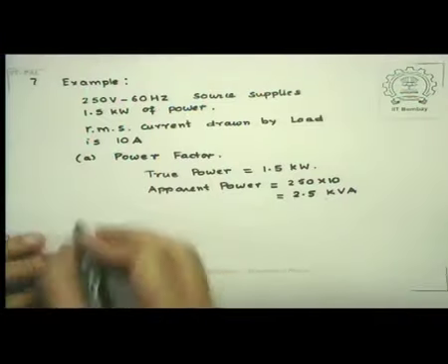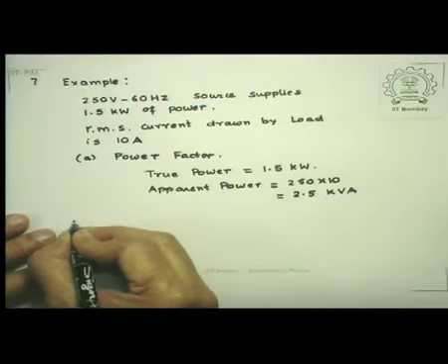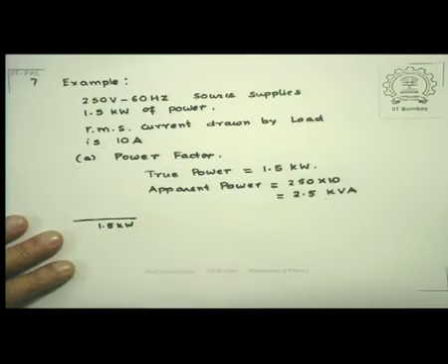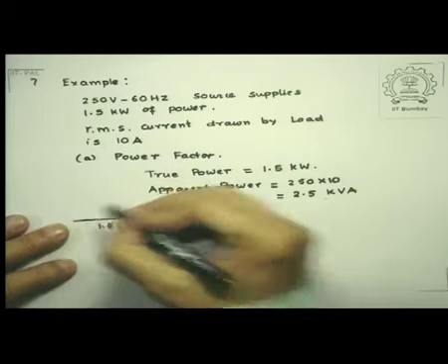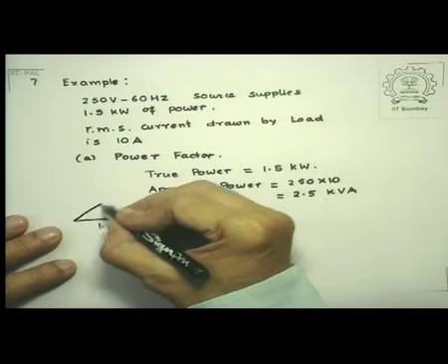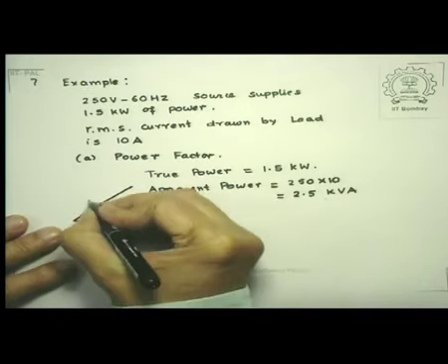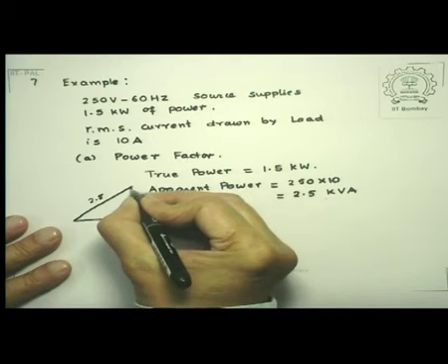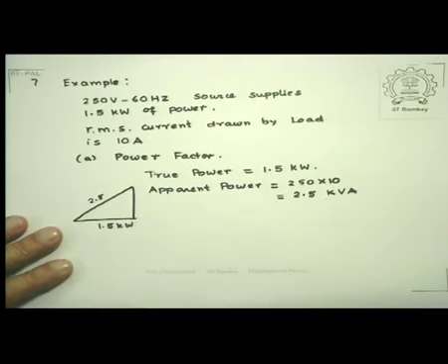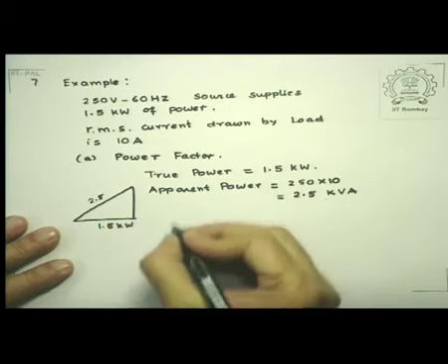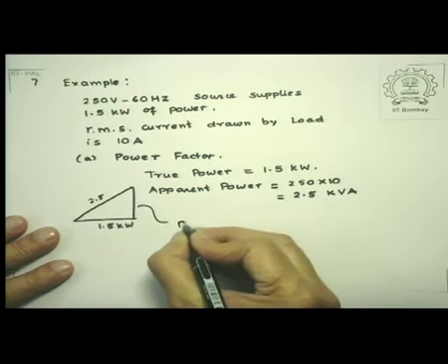Now if you look at the power triangle, see what I have is this, that you have 1.5 kilowatt of true power and you have a 2.5 kVA along the hypotenuse. So this is 2.5. So this is the reactive power.